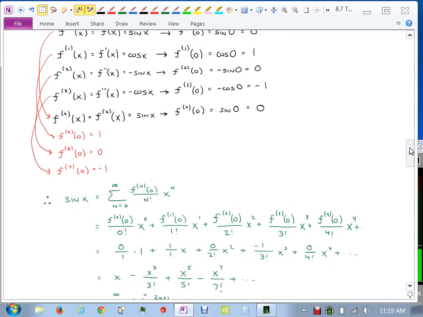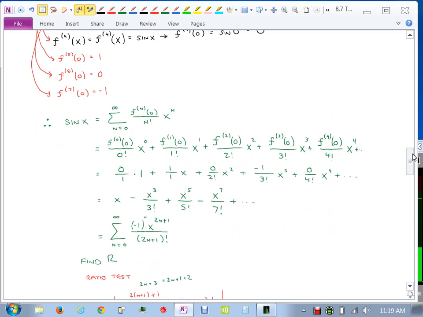So let's look at now the Maclaurin series for sine. Here's the formula for Maclaurin series, right? That's it right there. So we found, I just wrote them out. Just plug in 0, plug in 1, plug in 2, plug in 3, plug in 4, right? Now what did we say the 0th derivative at 0 was? You have to go back up and look. It was 0, wasn't it? Over 0 factorial is 1. X to the 0 is 1.